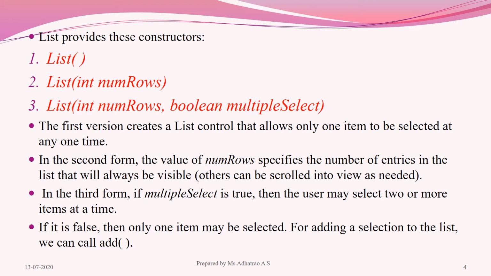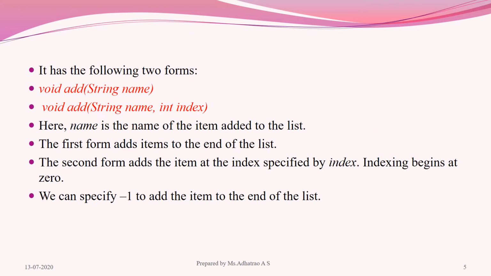For adding a selection to the list, we can call the add function. It has the following two forms. First, void add(String name), and second, void add(String name, int index). Here, name is the name of the item added to the list, and index is the index of that specified item, and indexing begins at 0.